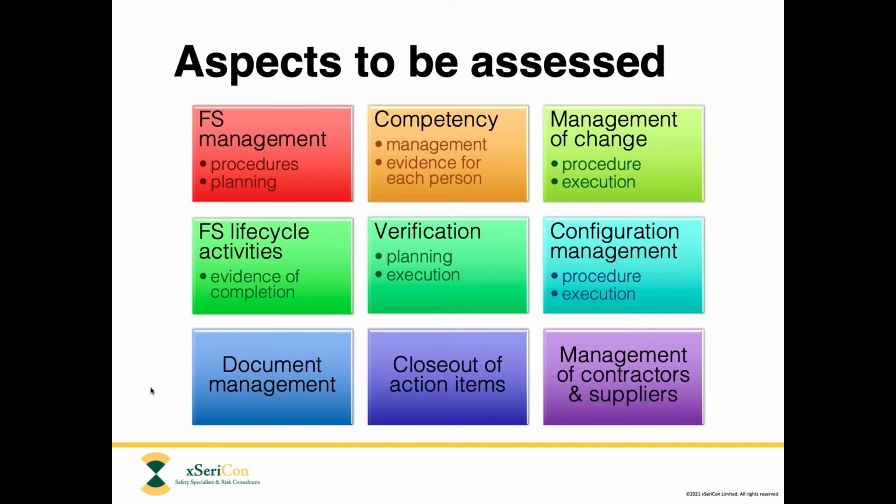Number 7 is document management. So similar to a quality management system, you have to have proper management of the documentation system, which includes things like making sure that documents are being properly reviewed and approved, making sure that everyone can confirm that they're using only the latest issue of each document, making sure that documents are properly structured with a clear title, with section numbering, written in a very clear way with no ambiguity, with no doubt about the meaning of each phrase and sentence within the document.